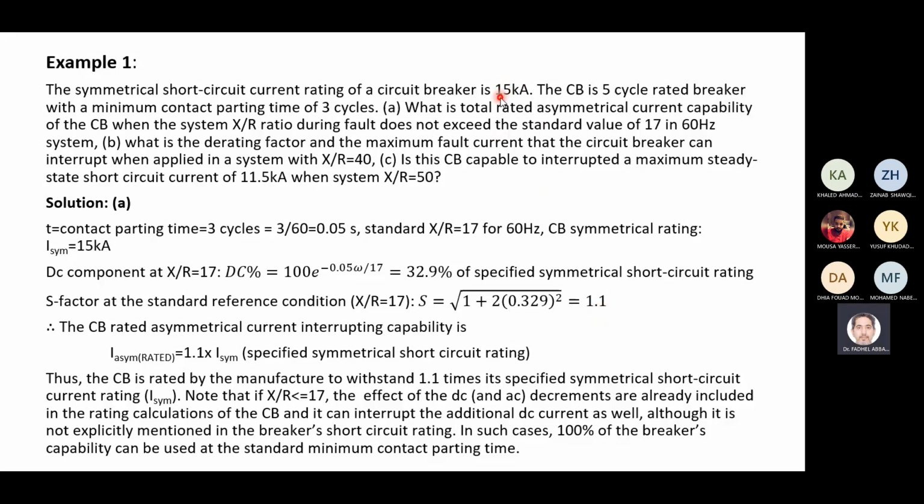So 10% times the symmetrical rating, 1.5, plus 15, will be 16.5 kA. It is the asymmetrical current rating. So it is 1.1 times the specified symmetrical current rating. This is what it means.